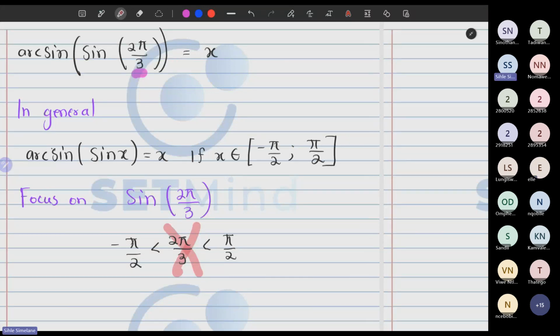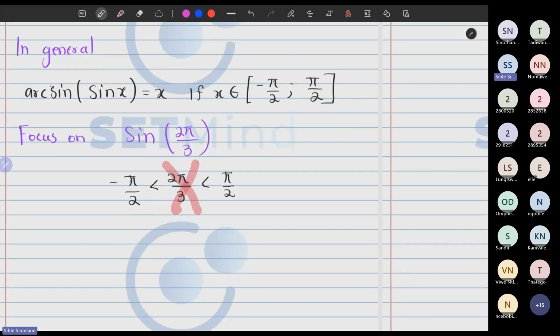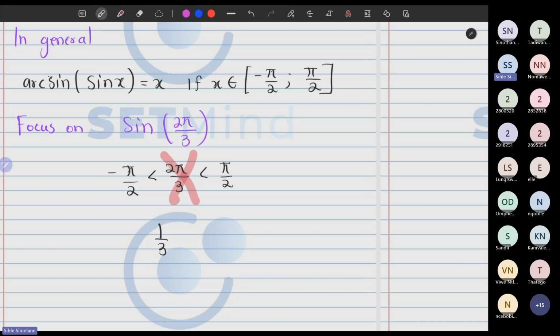For the ones who are saying yes, remember that 1 over 3 is something like 0.33. So when we have 2 over 3 multiplying something, it means we have 0.66, and 0.66 is greater than half.